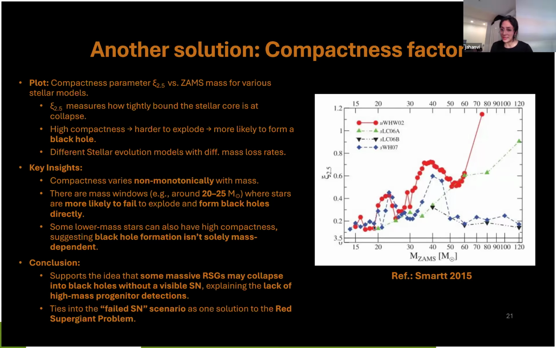But just to say that if we look at these 4 points here in red, we see that between 20 to 30 solar masses the compactness factor is high, which means that one potential solution is that these stars do not explode but collapse in between these solar masses. They collapse directly into a black hole. So this could be one of the potential solutions.